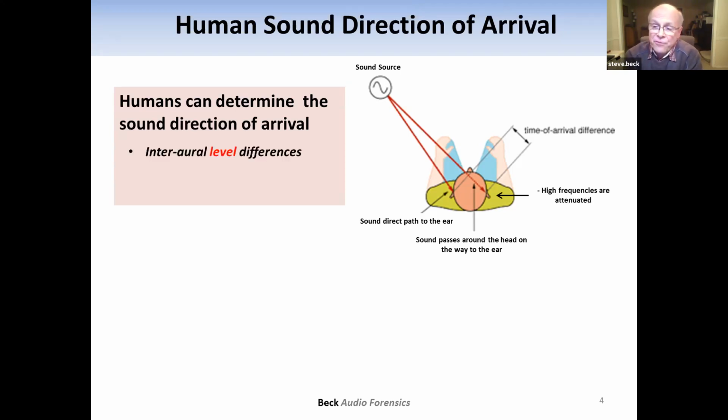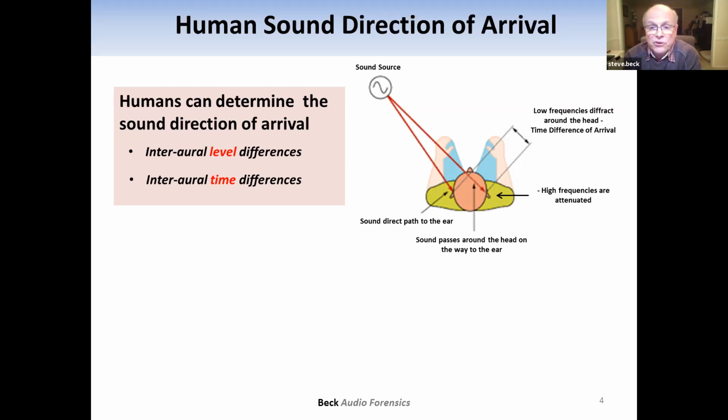if it is a high frequency sound, those high frequencies don't diffract around your head very well. They get attenuated. And our brain uses what's called interaural level differences. And depending on if sound is louder in one ear than the other, we get a sense of direction. What happens with low frequencies? Well, low frequencies will diffract around your head.